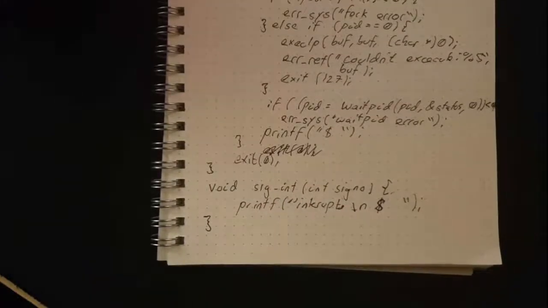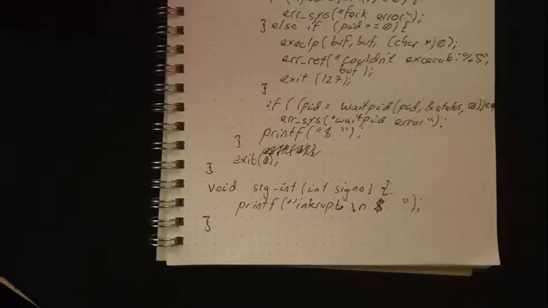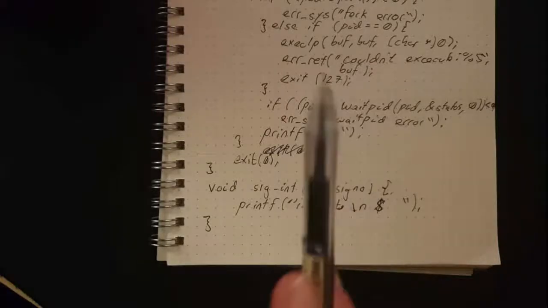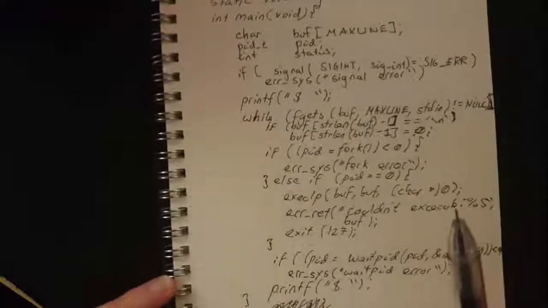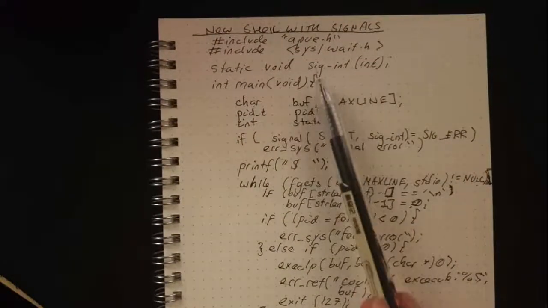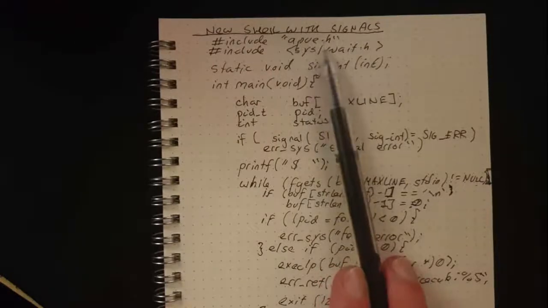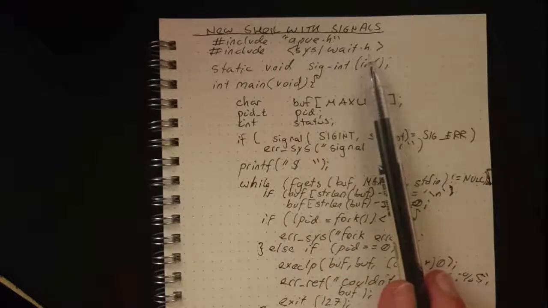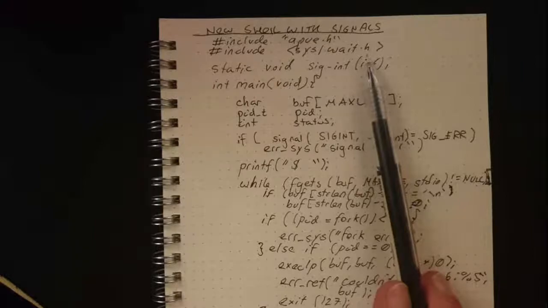Okay, so what's different here? Basically what happens is, as before, we import most of the functions. We also import the wait for the waitpid function.